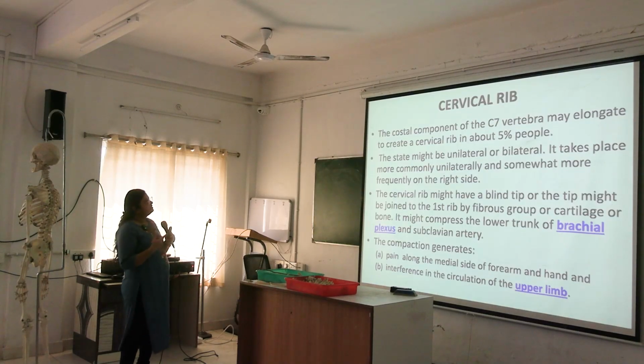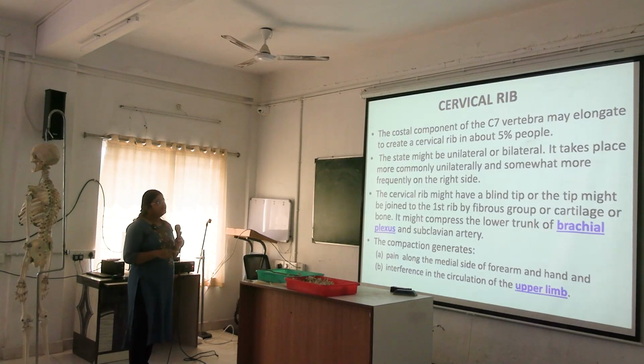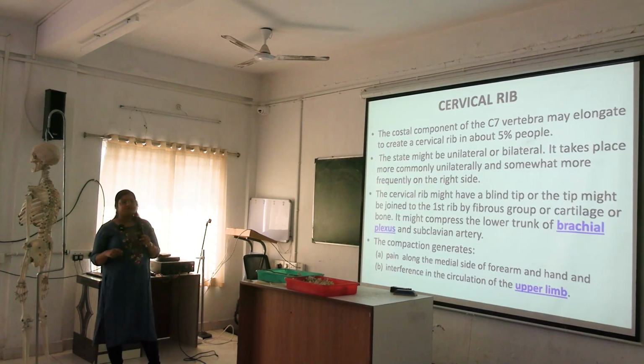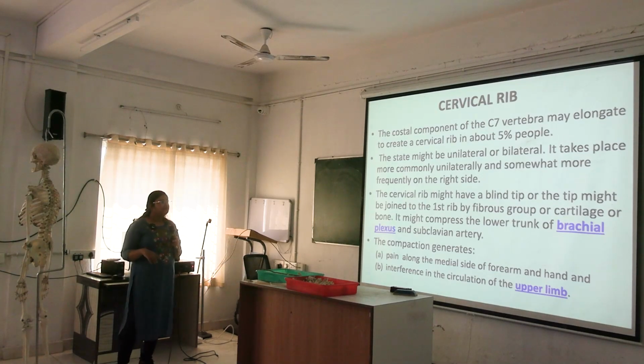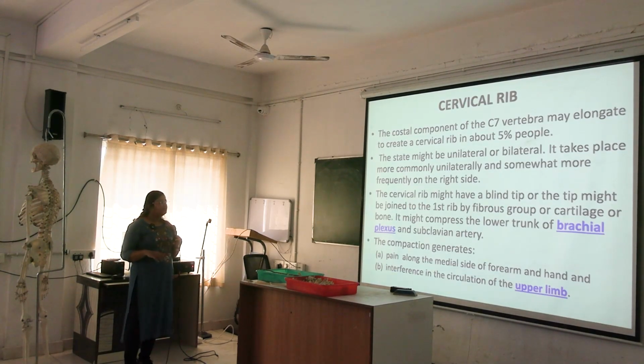Okay. The state might be unilateral or bilateral, and it takes place more commonly unilaterally and somewhat more frequently on the right side. The cervical rib might have a blind tip, or the tip might be joined to the first rib by a fibrous band or cartilage or bone, and it might compress the lower trunk of the brachial plexus and the subclavian artery.